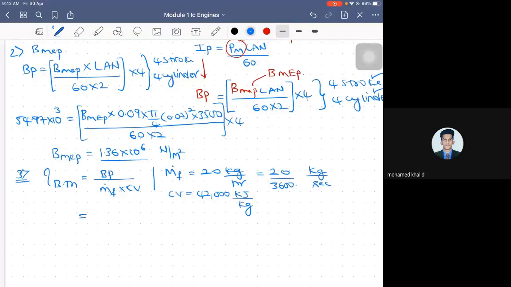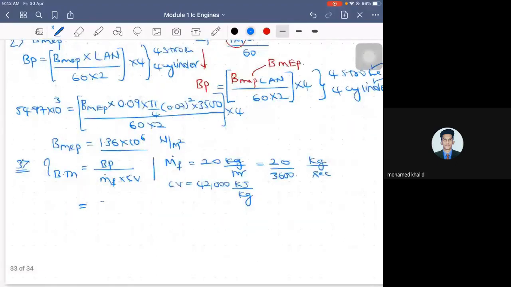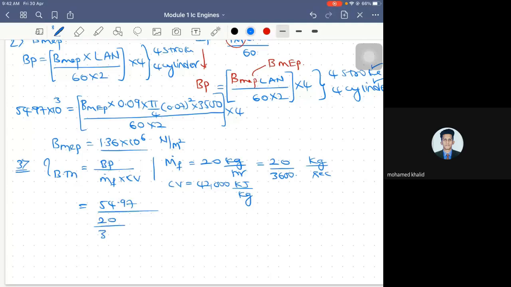Now all the values. BP value is how much? It is 54.97. Substitute MF dot, which is 20 divided by 3,600, cross CV value 42,000.